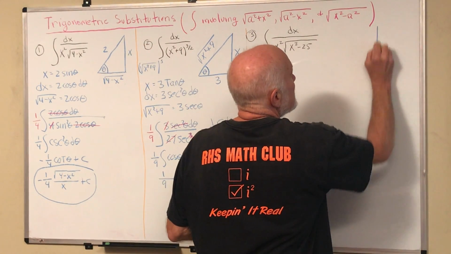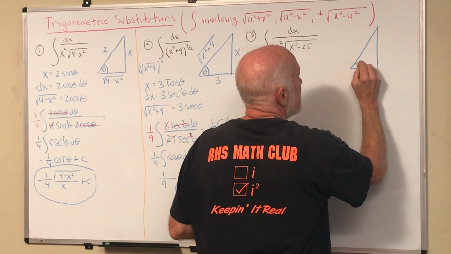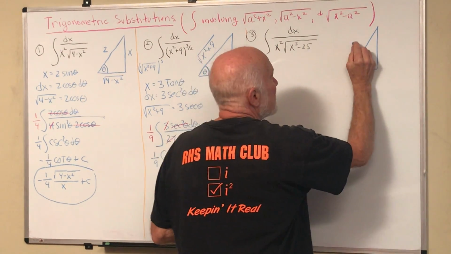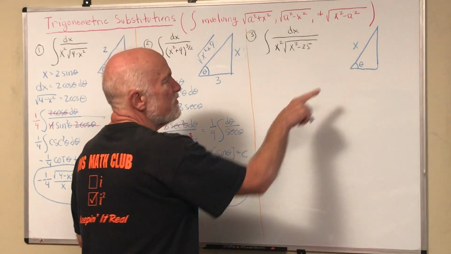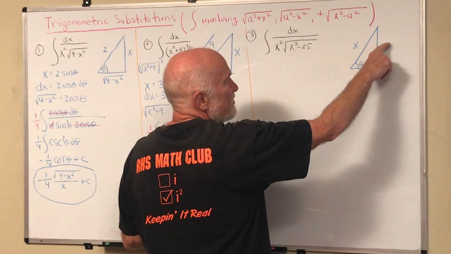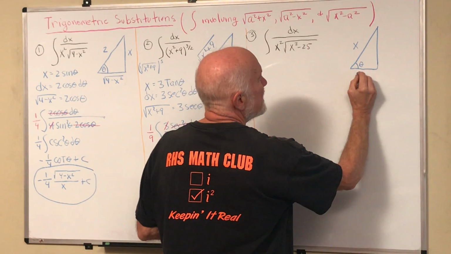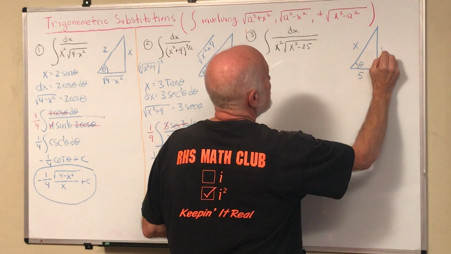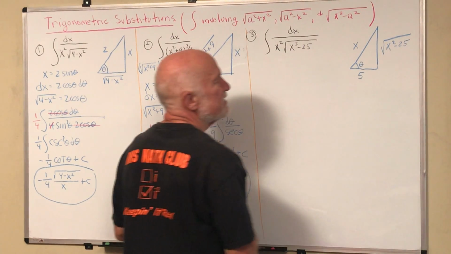So when I do my triangle this time, I'm going to have x as my hypotenuse. And like I say, I like to avoid having the number across from theta, so I'm going to put 5 down here and the square root of x squared minus 25 on this side.